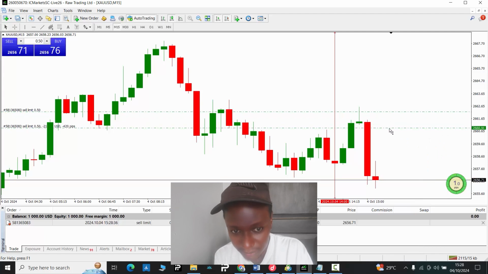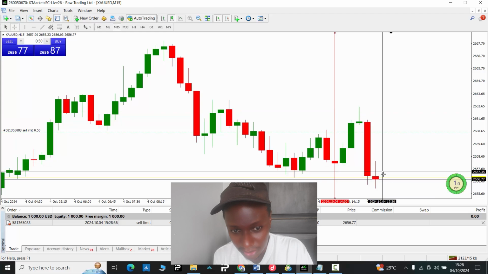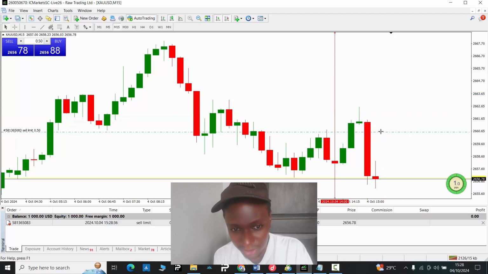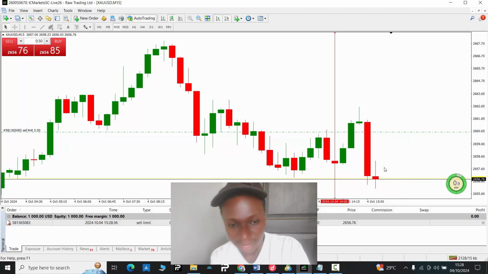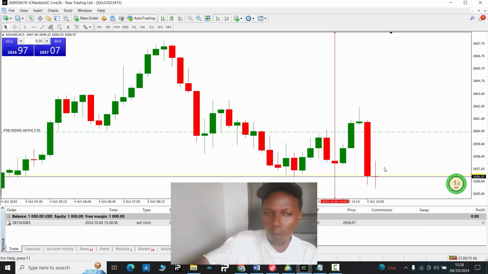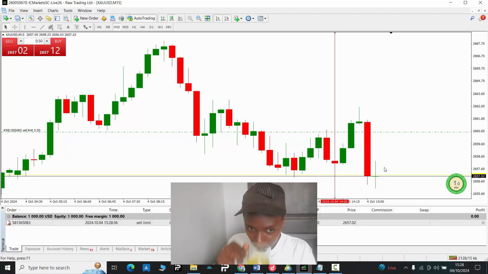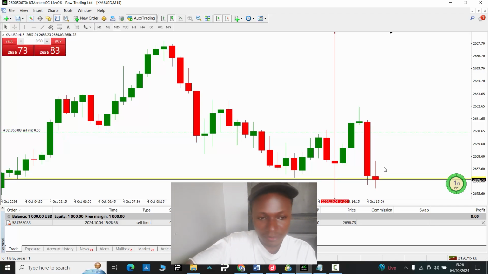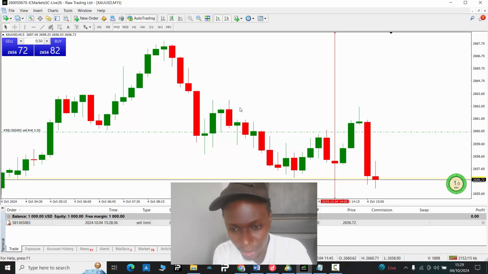So I'll place a sell limit around here, about 40 pips from the current price. I think we are looking at 2 minutes to the event. We should be starting to get our positions ready.